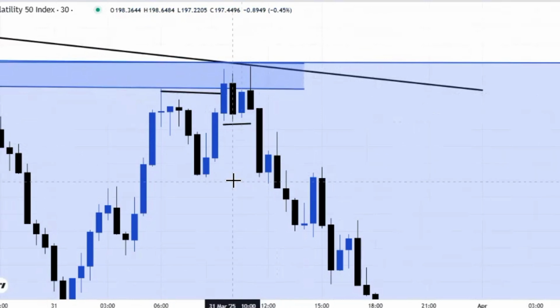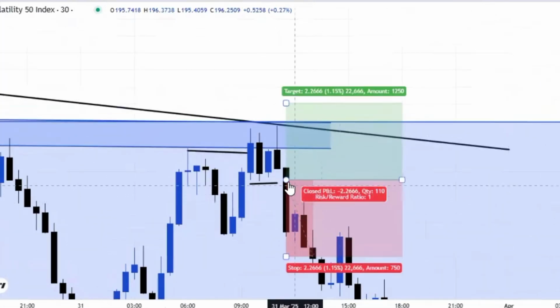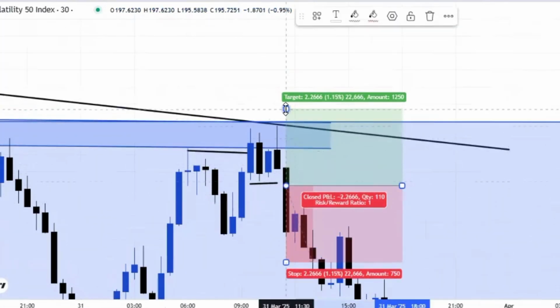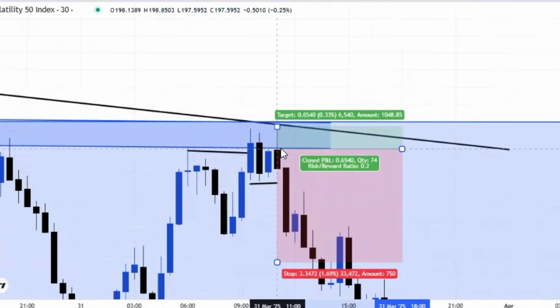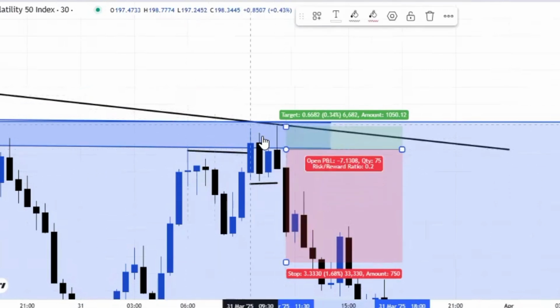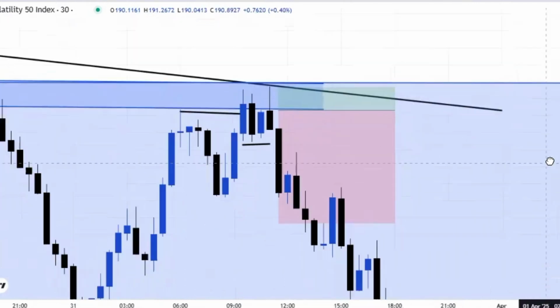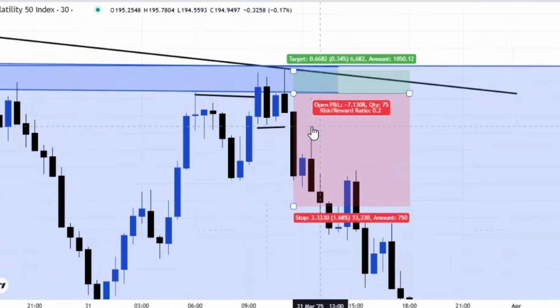So now this is where I'm going to pick my entry. I'm going to be setting my entry and stop loss. My stop loss will be above that previous candle, which is this one here, and my target, where will it be?